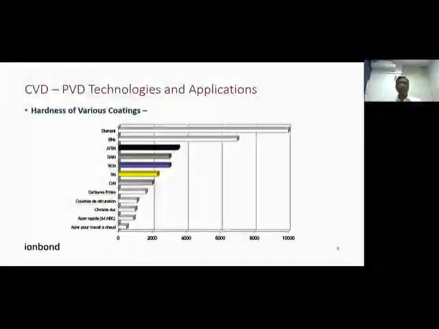Before going to that, just a general idea of what hardness levels we get with these nitride or ceramic-based coatings. With tool steels and carbide, the core hardness is in the range of around 600 to 800 HV.